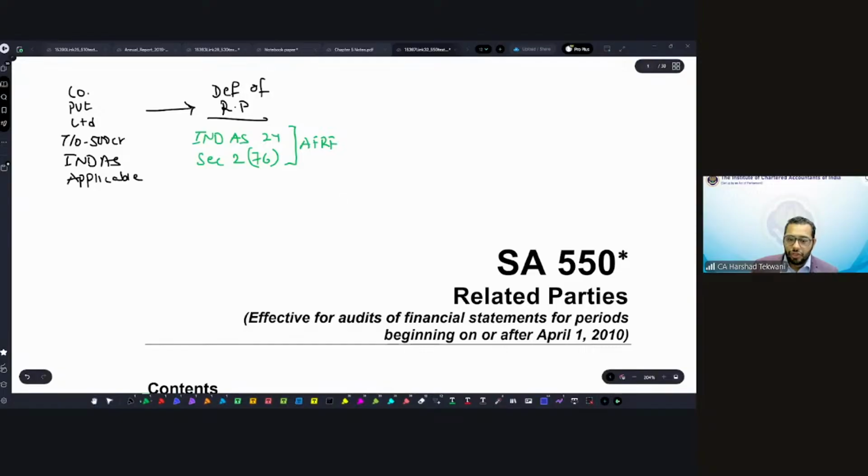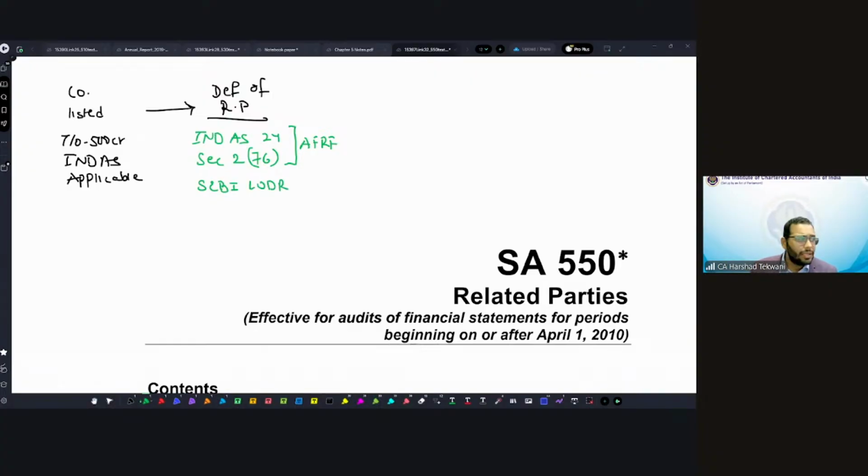If I change a bit here, let's say if I remove this private limited and say the company is listed, two more things will come into the picture for the related party definition and applicable financial reporting framework. One is the SEBI regulations, LODR.